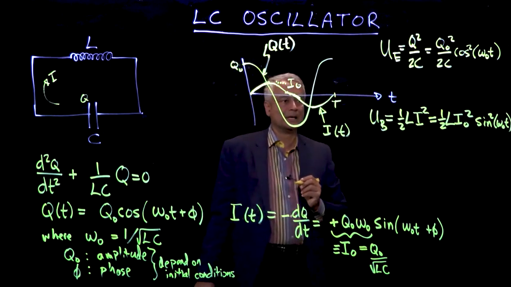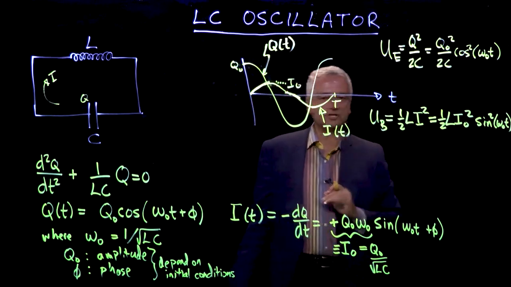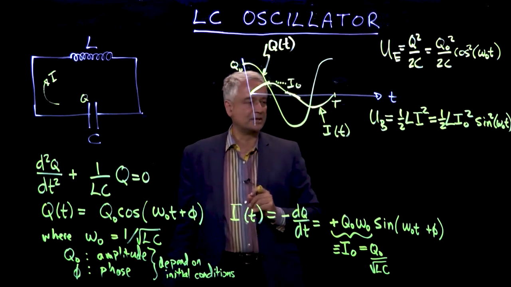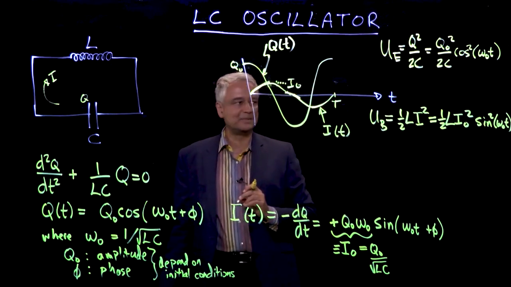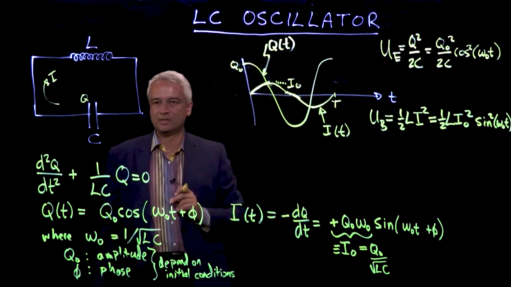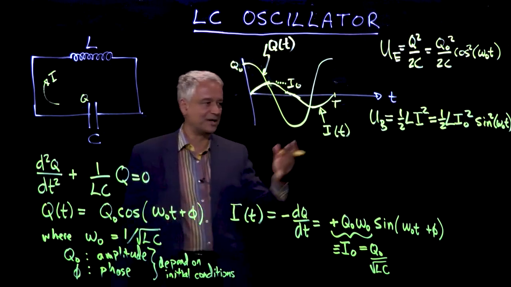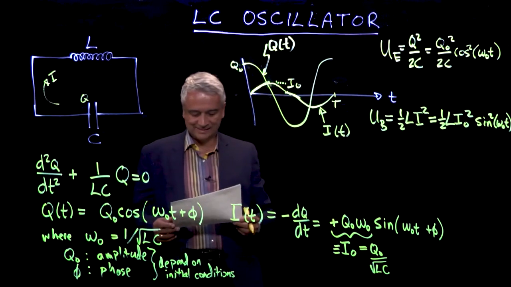So notice that UB is also sloshing back and forth, but it's going like sine squared. Whenever UE is maximum, UB will be 0. Whenever UB is maximum, UE will be 0, which is what we saw when we analyzed this qualitatively by analogy. Now here we see it fully mathematically.